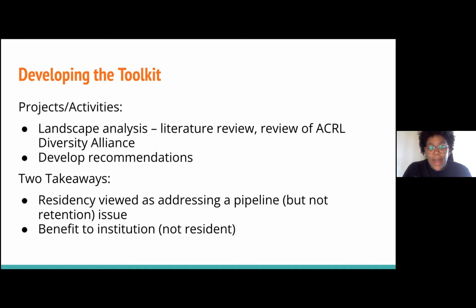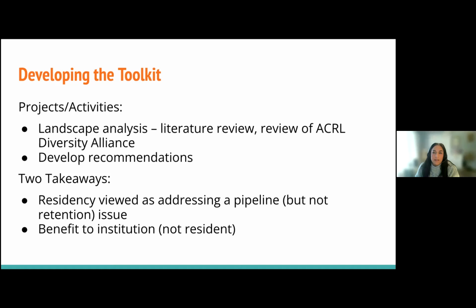This, combined with a lack of specificity of outcomes, assessments, and expectations set forth by the Diversity Alliance, left the door open for broad interpretation, which we can attribute to the breadth of residency experiences. Through the landscape analysis, we had a number of takeaways, and now I'm going to pass this to Laura.